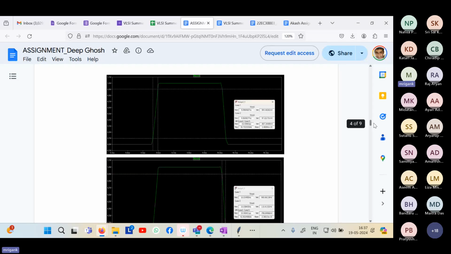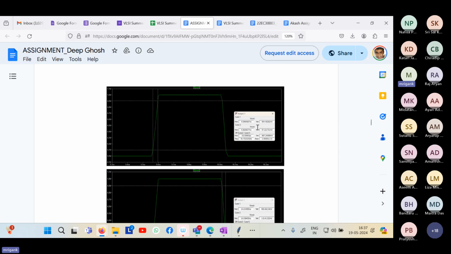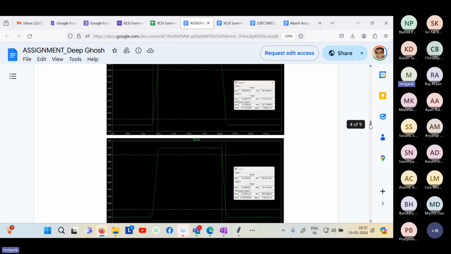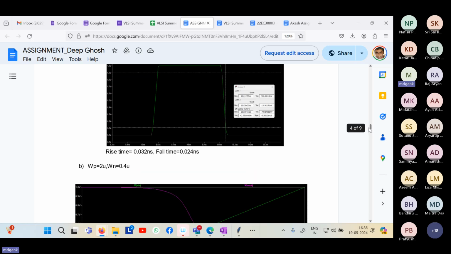So here 32 picosecond and 23 picosecond. So he's getting something around here. If you see, the calculation is visible in this one. In this window, he's showing the calculation and snapshot. So here it is 32 picosecond, and the second one it is 23 picosecond. Difference between cursor 1, cursor 2, and 32 and 24.